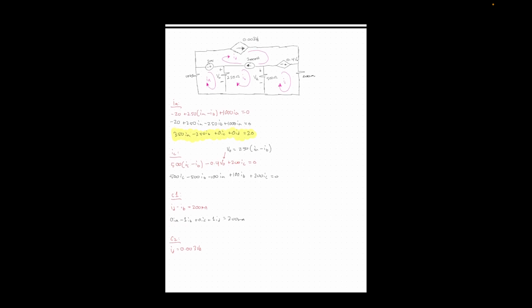My second constraint is going to read as, let's go ahead and revisit this, V delta. So V delta is going to equal my 500 IB minus IC.